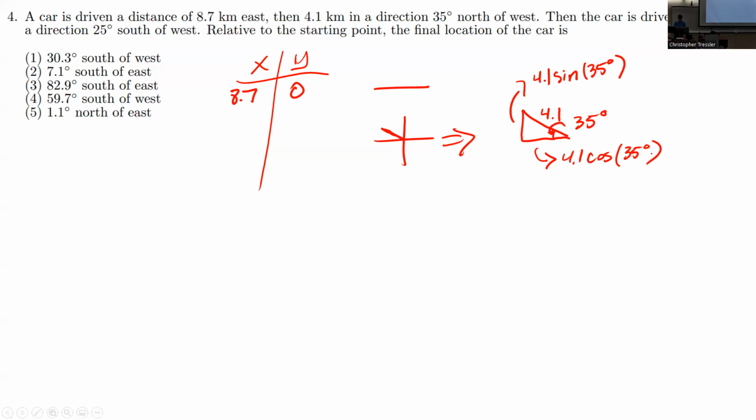If I do sine of 35 times 4.1, that is the y. We're going to get 2.35 in the y direction. Now, if I do 4.1 times cosine 35, we're going to have 3.35.